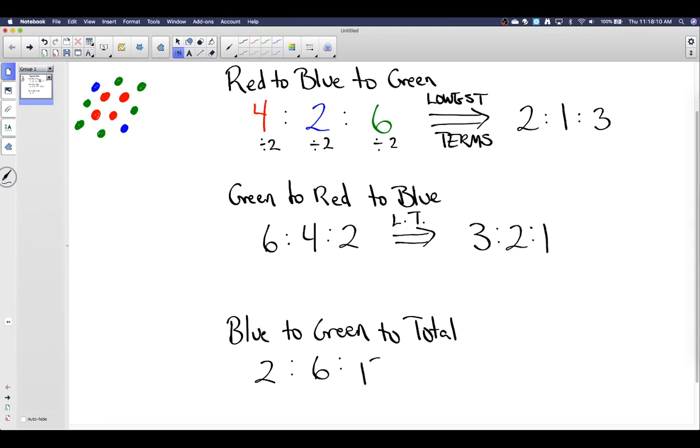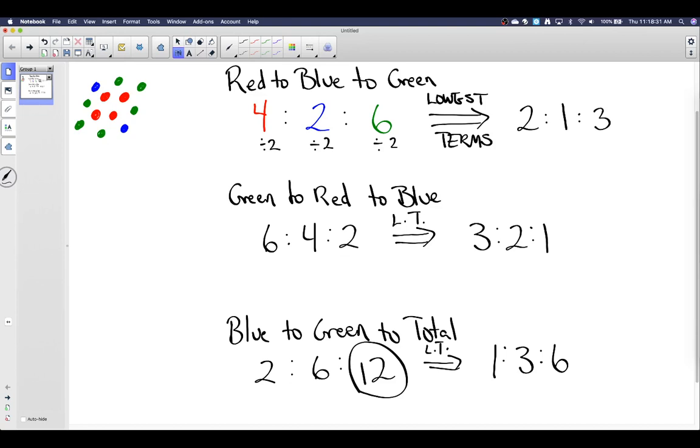So I could also include the total as one of the terms in my ratio. And again, if I put that into lowest terms, that could be written as 1 to 3 to 6. Now I probably wouldn't want to do that if I'm looking at the total, because it's nice to know that in total I have 12, but absolutely this can still be put into lowest terms.